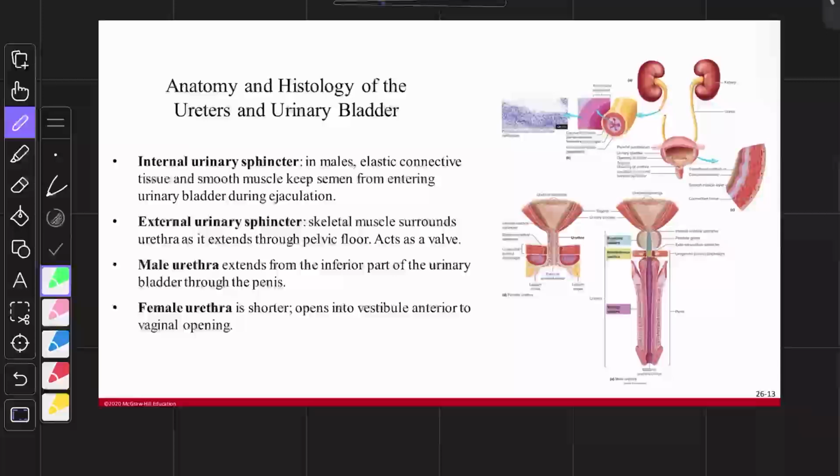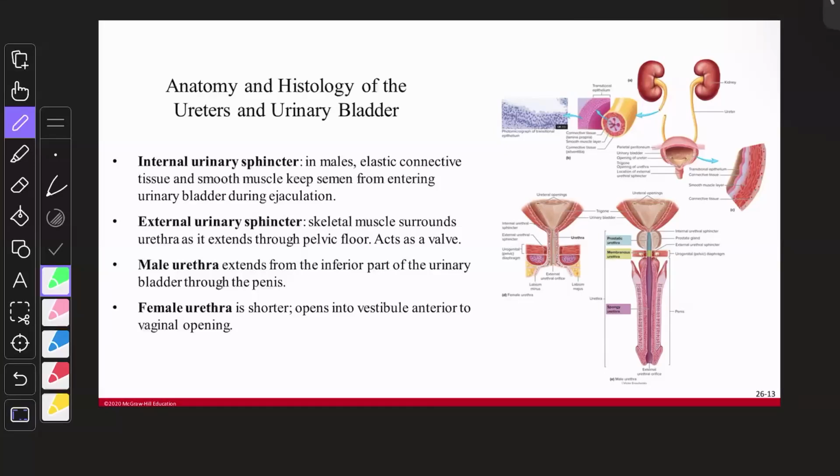All right. Internal urinary sphincters. Males have a complete internal urinary sphincter. Its job is to prevent semen from getting into the urinary bladder during ejaculation. Okay? It is a multifunctional tube.